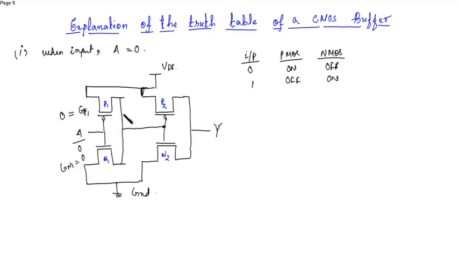So P1 will turn on and get short circuited, and N1 will turn off and get open circuited.